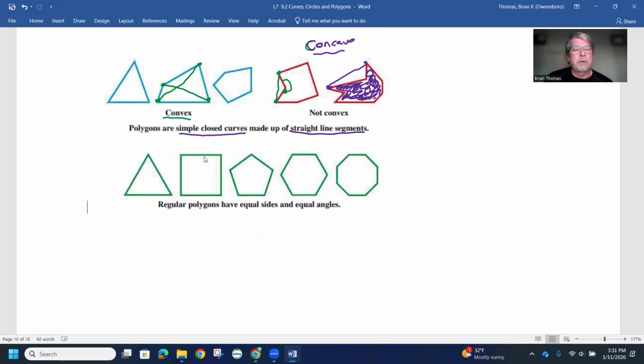You know, this is a regular four-sided figure, which we usually call a square. This looks like a five-sided figure, so this would be like a regular pentagon. And this looks like six sides, so that's a regular hexagon. And then eight-sided would be what we call a regular octagon. So some of these shapes you already may be familiar with through passing.